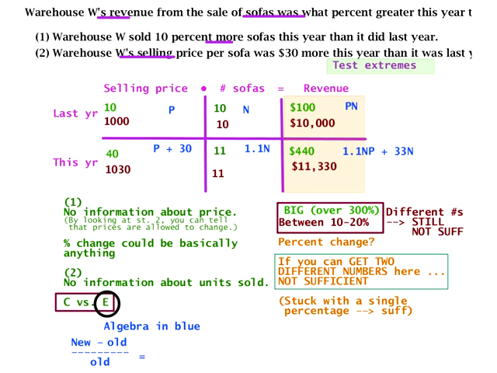If you subtract the PNs, then you have 1.1PN plus 33N minus PN over PN. Those cancel out except for 0.1PN.